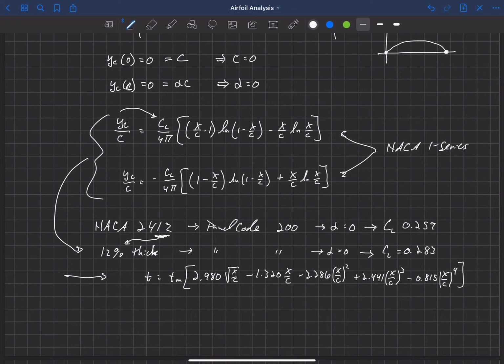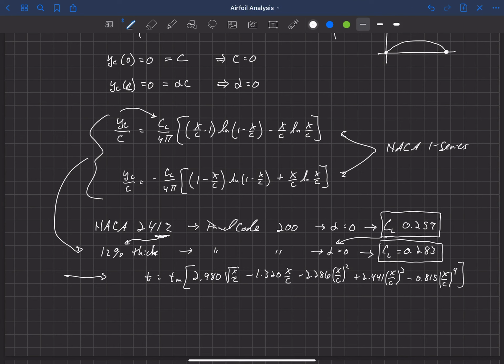So notice that, and by the way, I put in this as my design lift coefficient for the uniform load. So that went into this setup here for the uniform load. That's my design lift coefficient. I was trying to match the performance of the 2412. So notice that when I come out, I get a lift coefficient of 0.283. So that's a bit higher than my design lift coefficient.